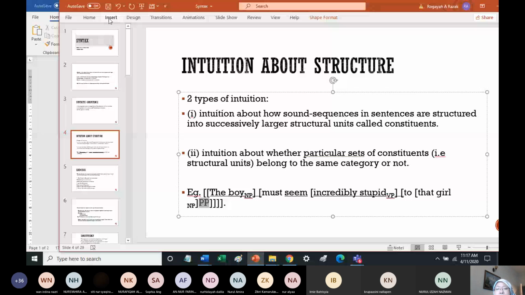So what I've done here is actually show that the sound sequences in sentences are structured into larger units. You can see that must seem incredibly stupid to that girl are all verb phrase plus prepositional phrase. So I already divided it into structural units, and then whether they are the same category or not.